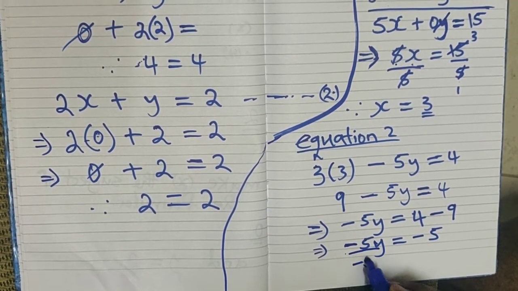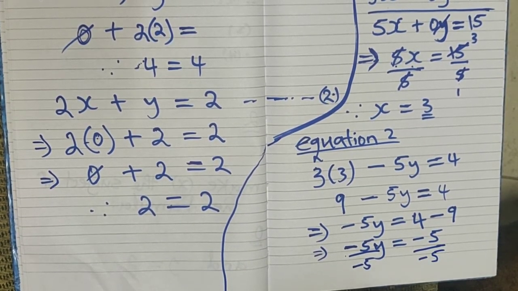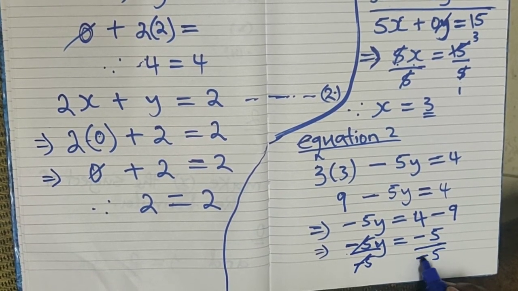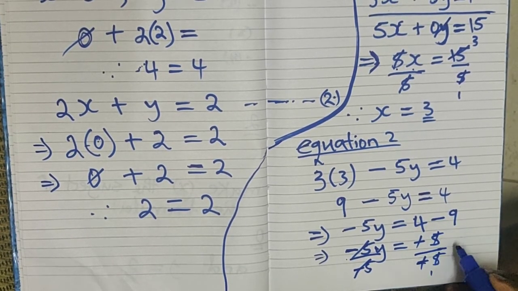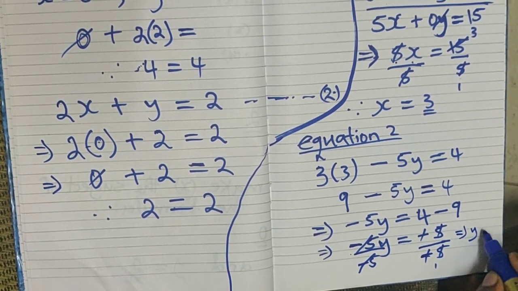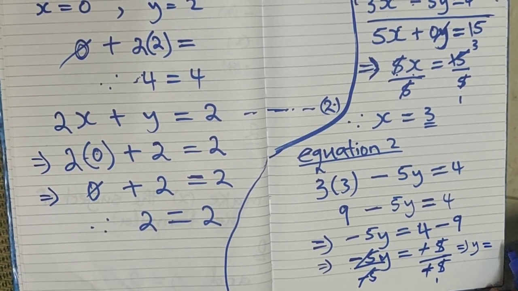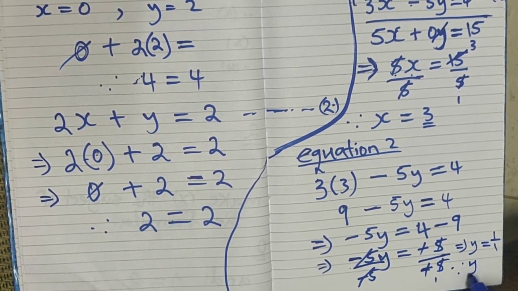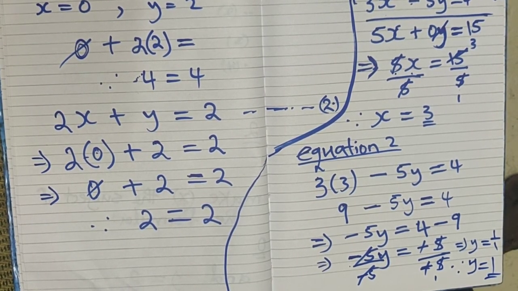The negative 5 cancels the negative 5, the negative cancels the negative, 5 over 5 is 1, which implies y equals 1 over 1. Therefore, our y is 1. Now, let's also prove our answers.